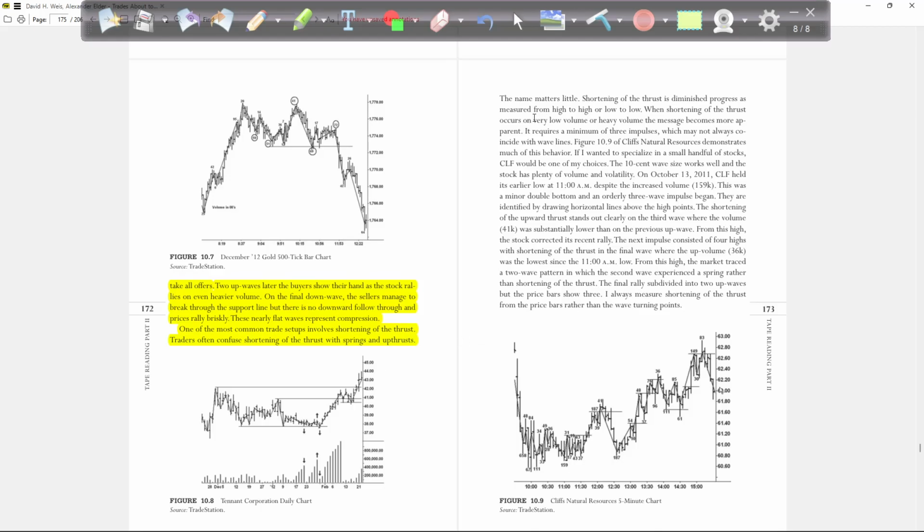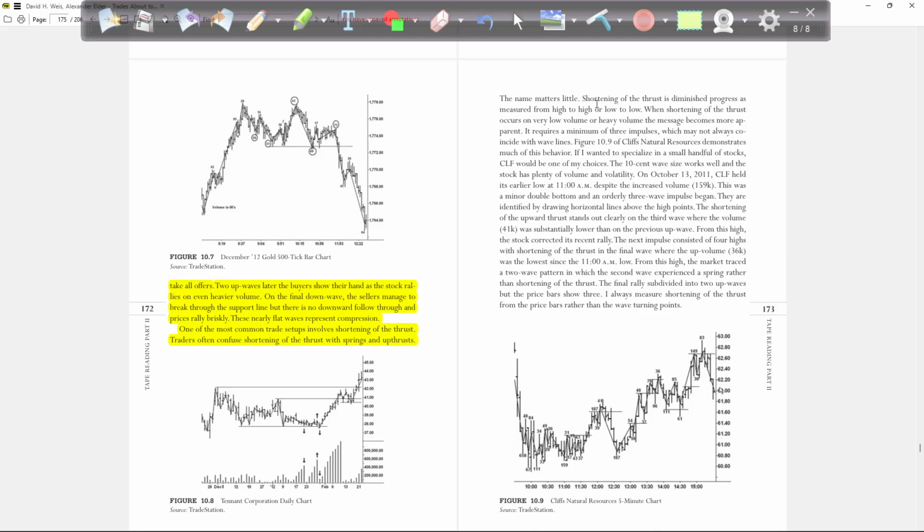The name matters little. Shortening of the thrust is diminished progress as measured from high to high or low to low. So we could be measuring lower highs or higher highs, lower lows or higher lows, which represent bullish or bearish sentiment.